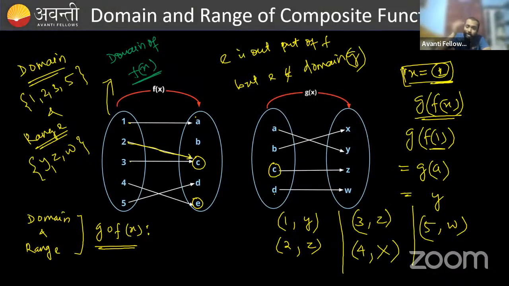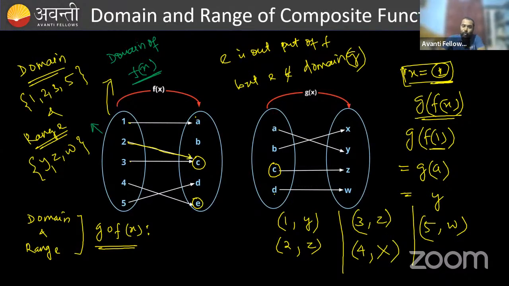If it is not working for f of x, then it will not work for g of f of x. Why? Because f of x itself refuses it, f of x is not allowing that element outside of the domain of f of x. If f of x is not allowing, how will g of x allow? Because the domain of g of x is the output of f of x.